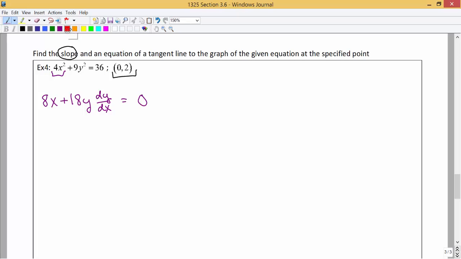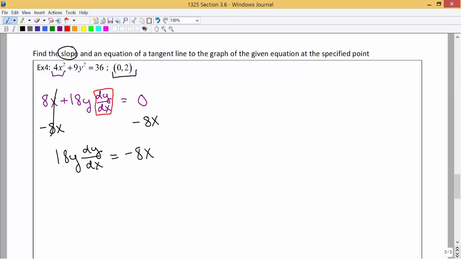Okay, we're going to solve for dy/dx. So we want to get dy/dx by itself. So the first step to doing that is to subtract off or add any term that does not have dy/dx in it. We want to move that to the other side. So now we have 18y dy/dx equals negative 8x.